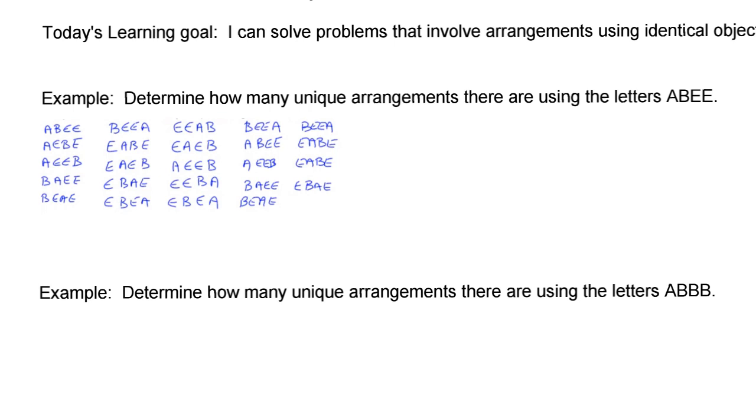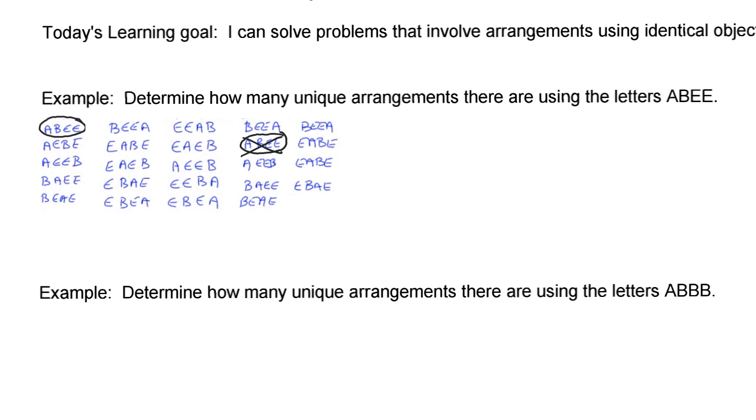Okay, so the first thing that you're going to notice is that if I look for the list item ABEE, I've got one here. But then you'll notice a little bit farther down our list, we've also got ABEE happening again. So maybe we need to eliminate one of them.